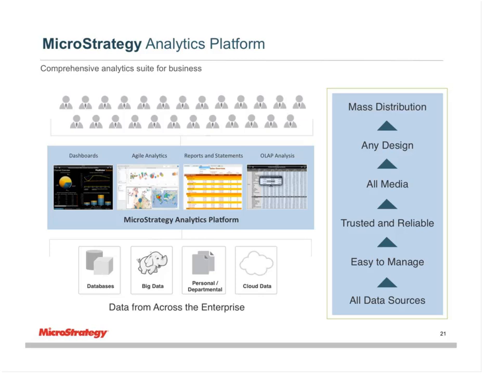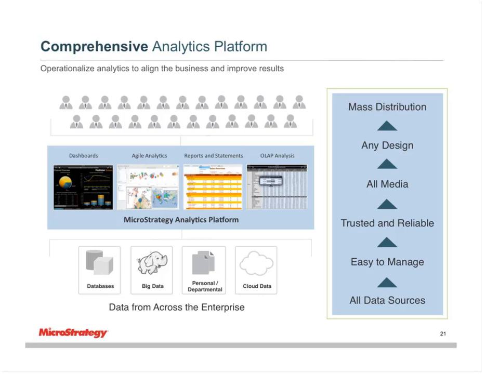HDP 2.0 was released a week or so ago, and we're ahead of the curve, making sure our platform is certified to work with it, taking advantage of the latest innovations, and providing dashboards, self-service analytics, reports, statements, and OLAP analysis to everybody in the organization. How do we make that possible in a single unified interface, if you will?